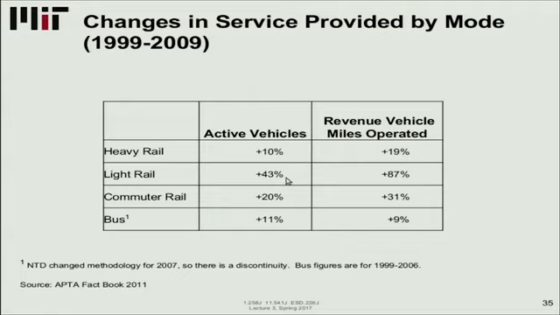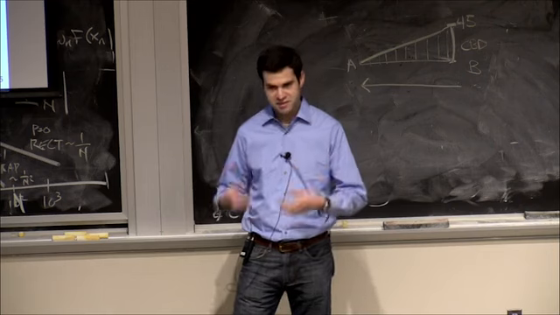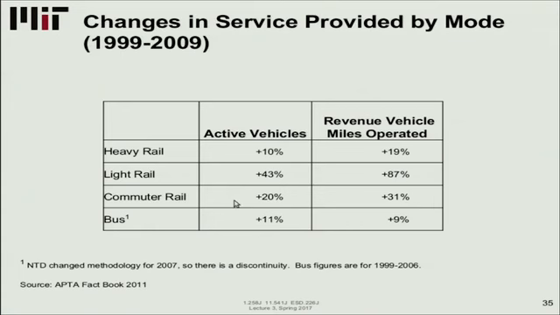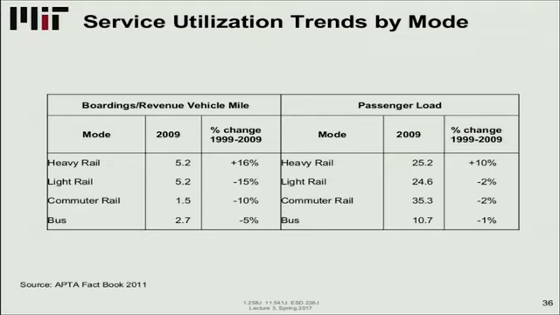For light rail, we see that many more vehicles are being built, and much more revenue miles are being operated. So again, more investment in light rail than in heavy rail. Commuter rail is somewhere in between. For bus, it's much less. It looks like there is a higher level of investment in light rail systems than in other modes.